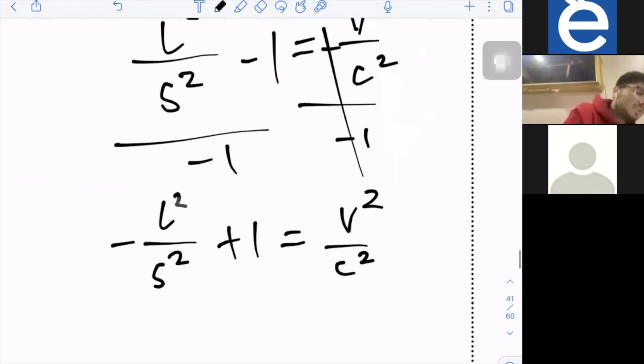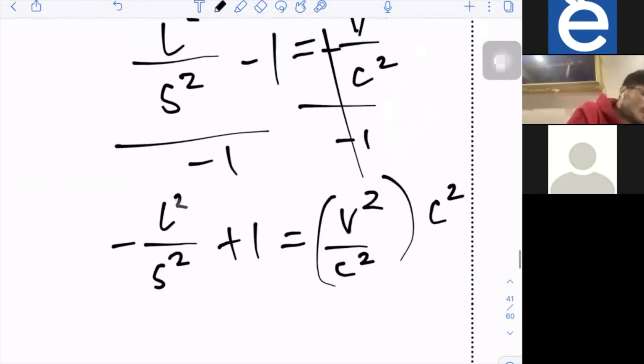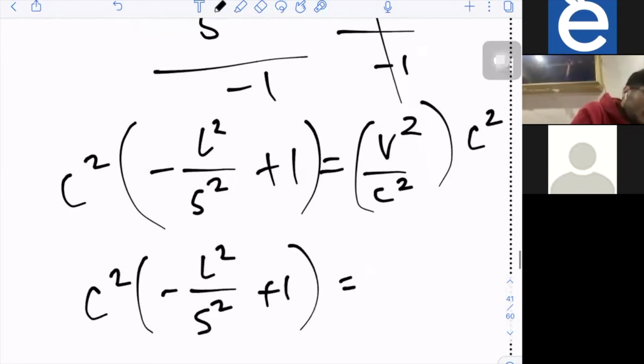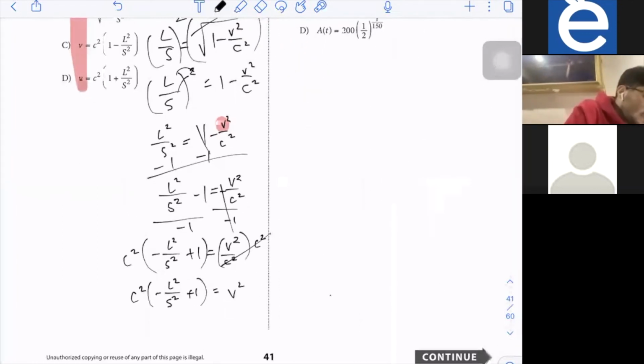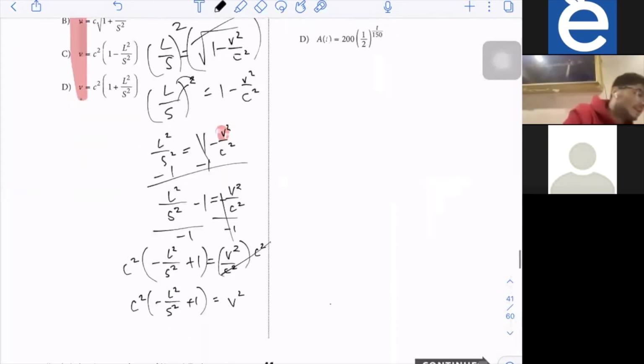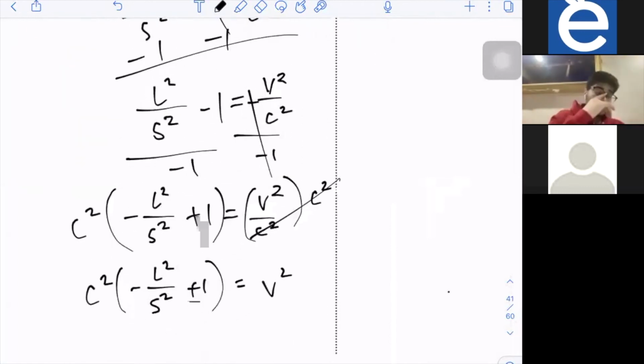And then now you would multiply everything by c squared to get c squared times negative L squared over s squared plus 1. Keep everything the same in the parentheses. The c squareds cancel out, and then you're just left with v squared. And notice how in all the answer choices, they did not distribute the c squared, so you can just leave it as is.